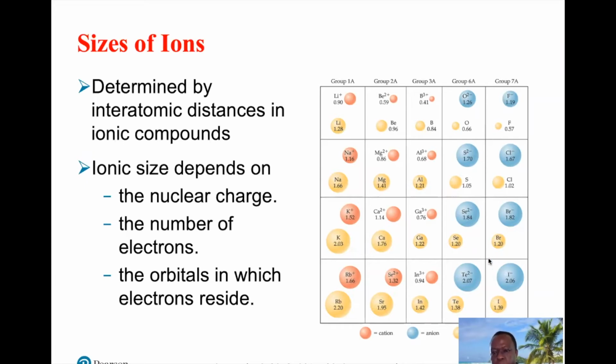So here is just what you need to remember in terms of the trend on the pattern, the size of cations, the size of the ion in comparison with the neutral atoms. The pattern you see here depends on the nuclear charge.